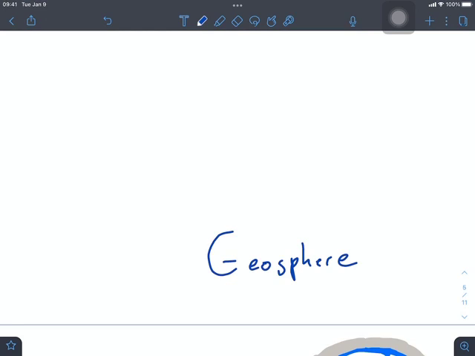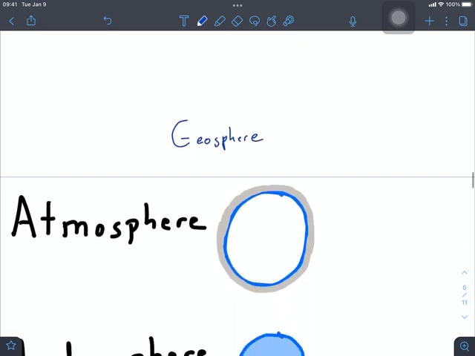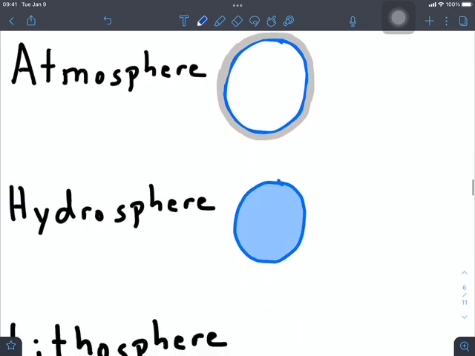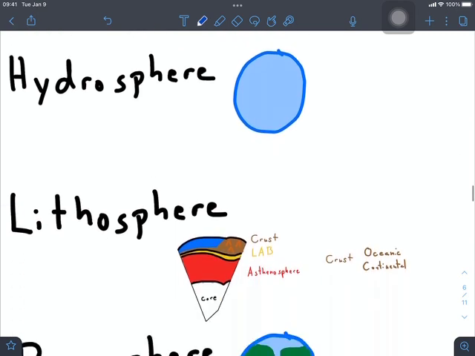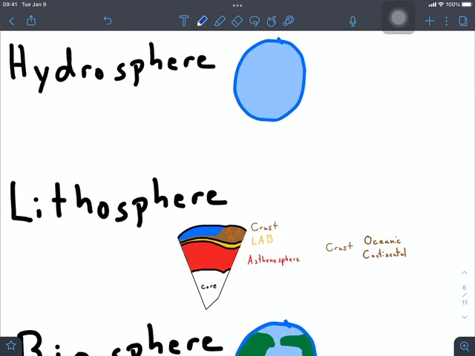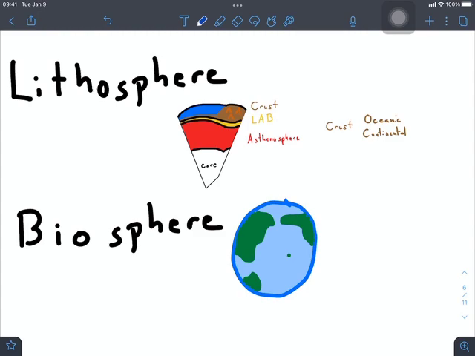I have traditionally, and other textbooks have used geosphere as a catch-all term for our different spheres, the different components of our planet, that again capture each of our different abiotic and biotic components. The atmosphere looking at our air, the hydrosphere looking at our water, the lithosphere looking at our rocks, and the biosphere looking at that biotic component.